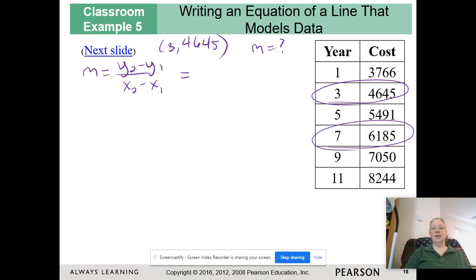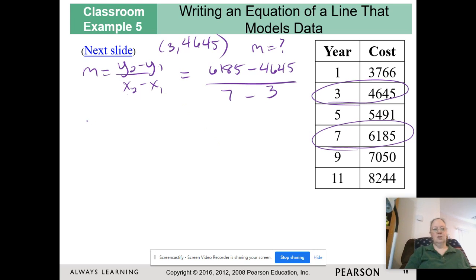We're going to take our second y value, which is 6185, subtract our first y value, 4645, over our second x value, which is 7, minus our first x value, which is 3.